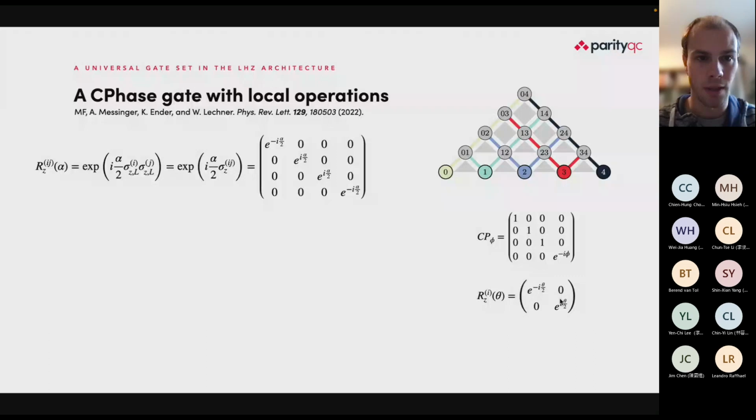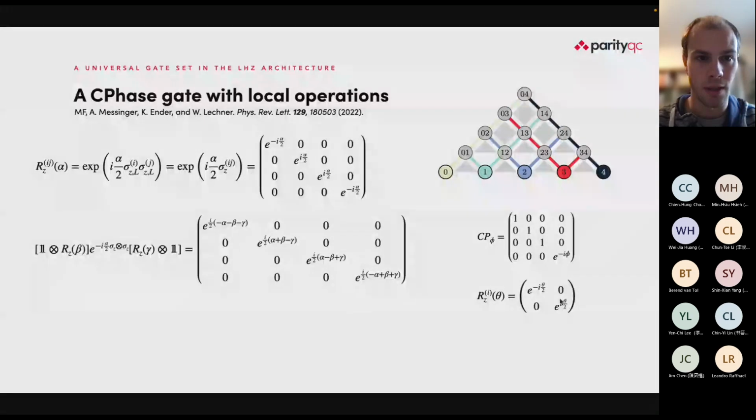So what we do now is we use this single qubit RC rotation on the second logical qubit and on the first logical qubit. And in the middle, we apply this C rotation on the parity qubit, which in the logical frame corresponds to this matrix here.